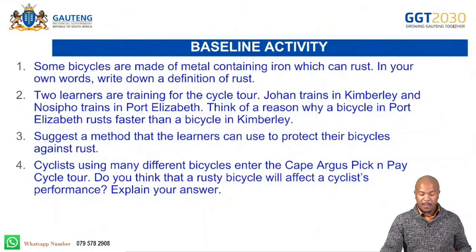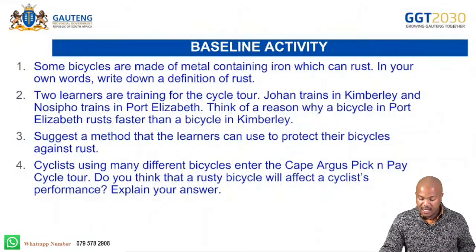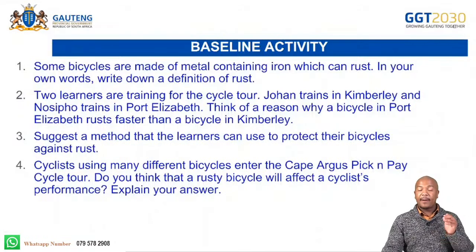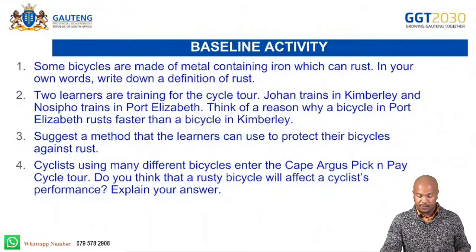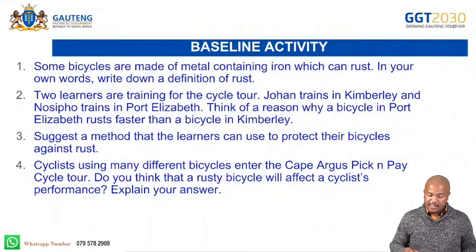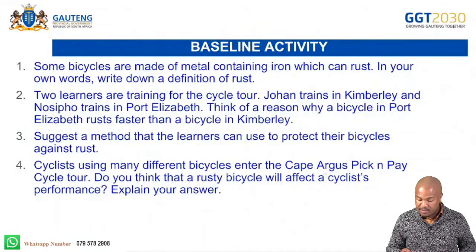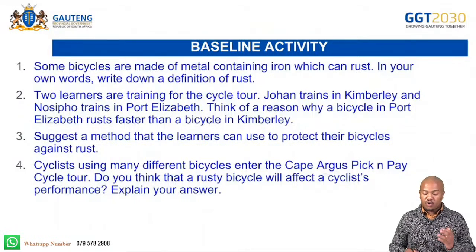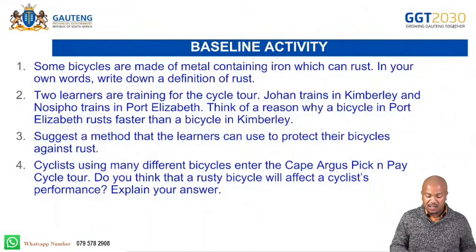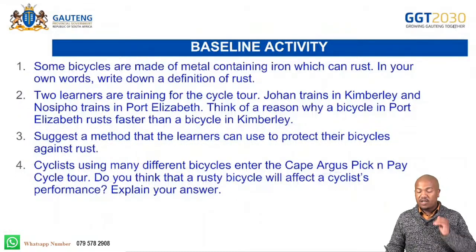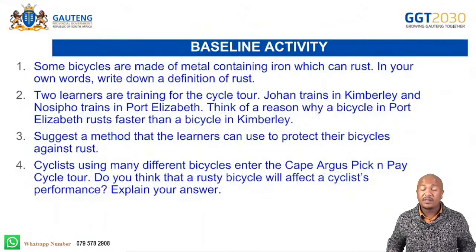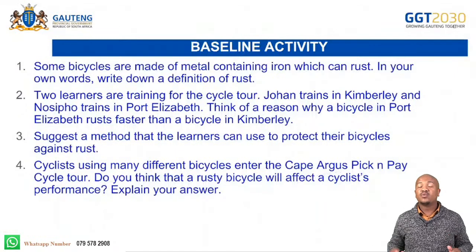Number 3: suggest a method that the learners can use to protect their bicycles against rust. Number 4: cyclists using many different bicycles enter the Cape Argus Pick and Pay cycle tour. Do you think that a rusty bicycle will affect a cyclist's performance? Explain your answer. I'm going to give you a quick 5 minutes to copy and complete this activity. Then after that, we shall mark together.